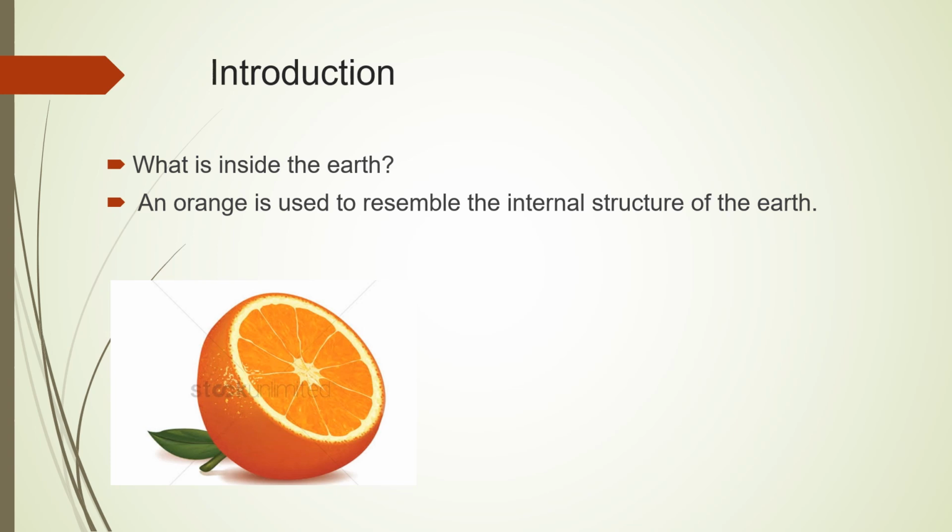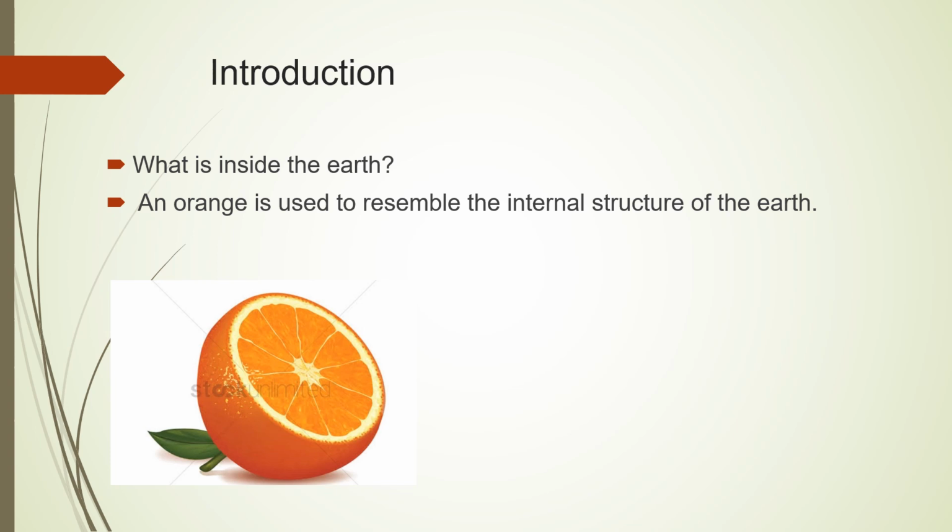Our subtopic says the internal structure of the earth. So as you are sitting there, learners, you are digesting the topic, you are thinking about this topic. The focus here is on the word internal. So meaning our topic is focusing on the inside of the earth.